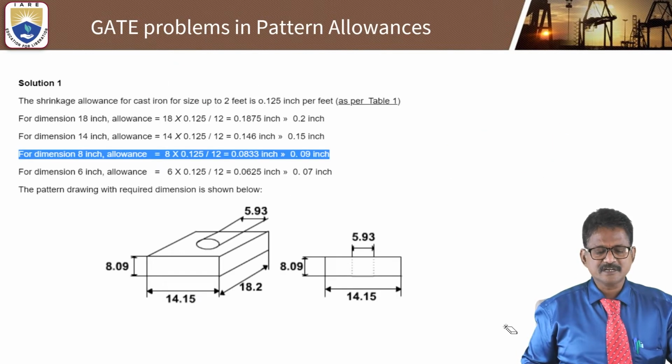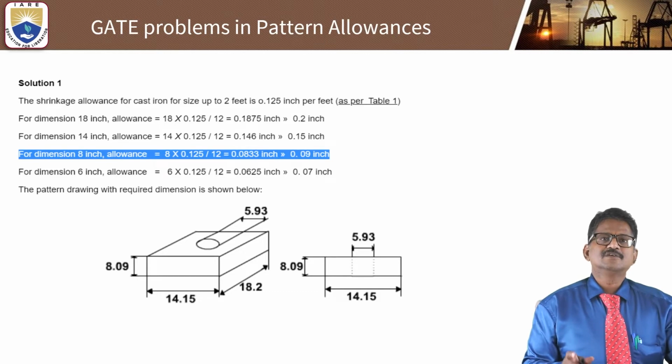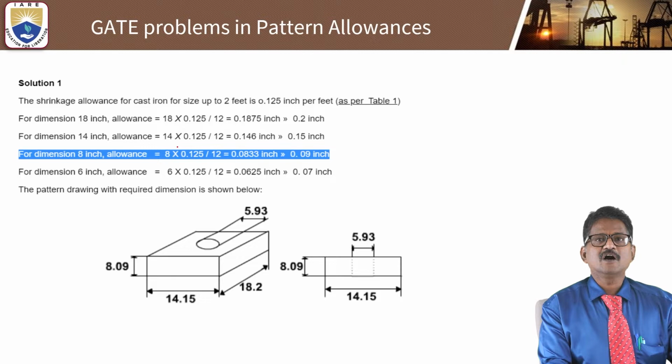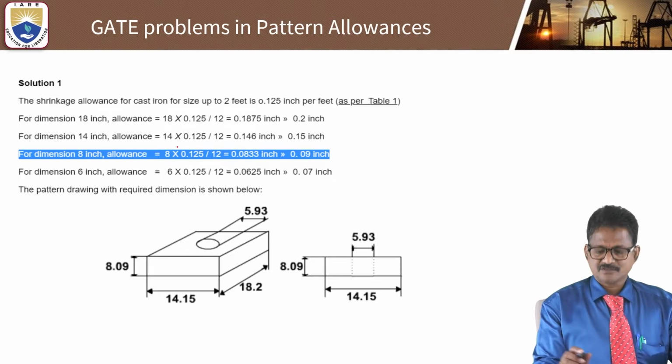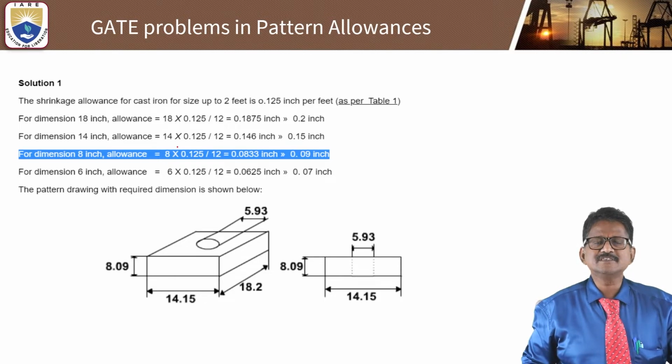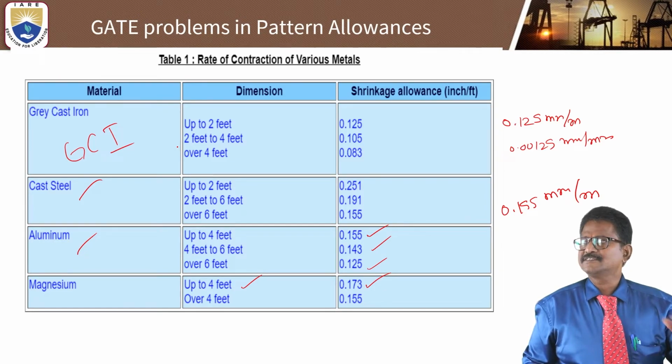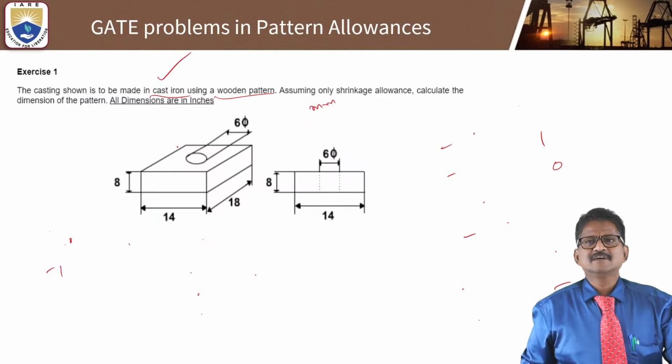Look at the solution: the shrinkage allowance for cast iron size up to 2 feet is 0.125 inch per foot. 0.125 is the shrinkage allowance.